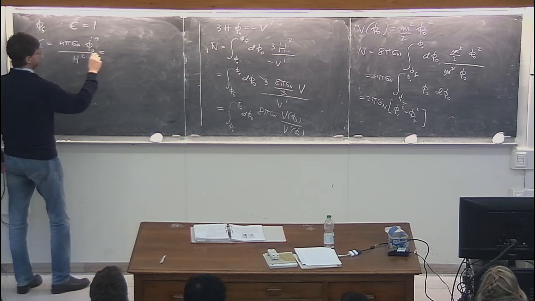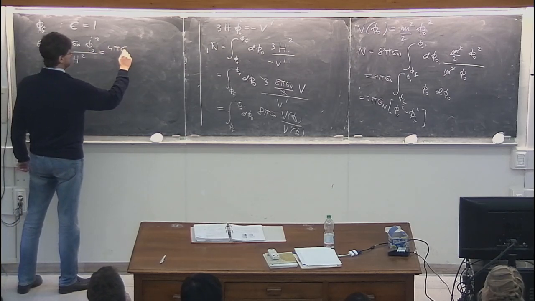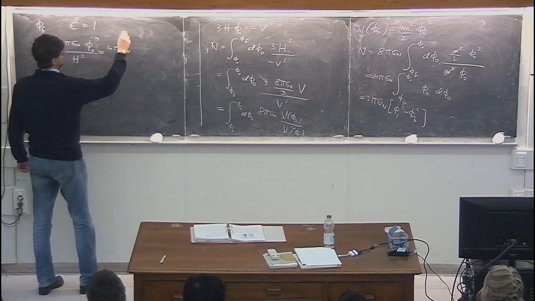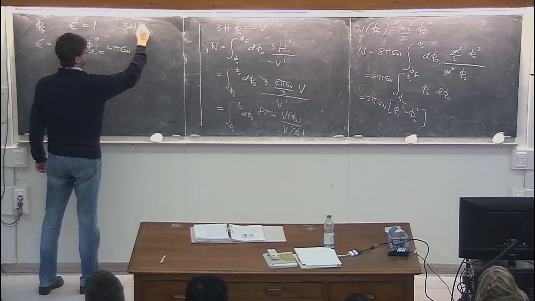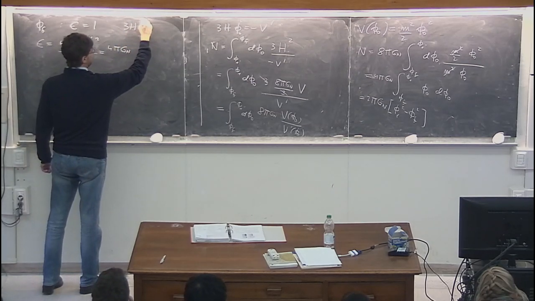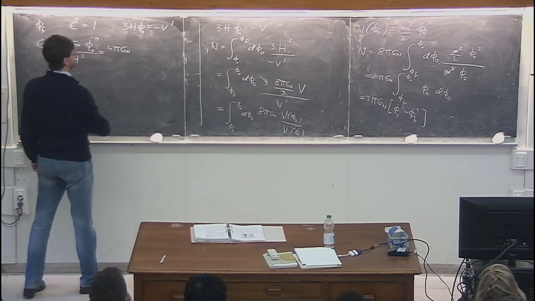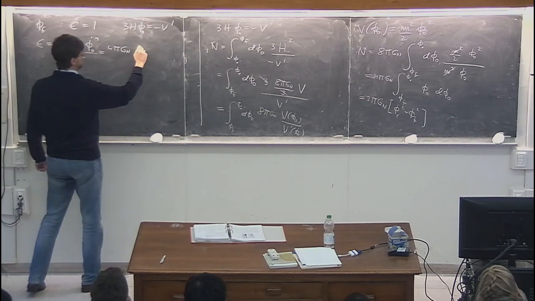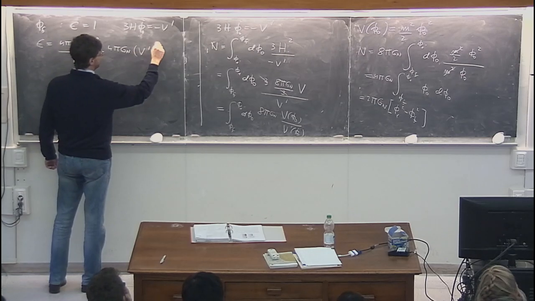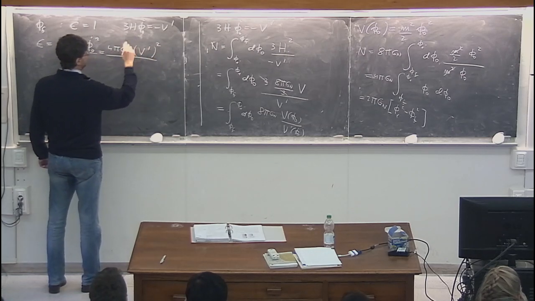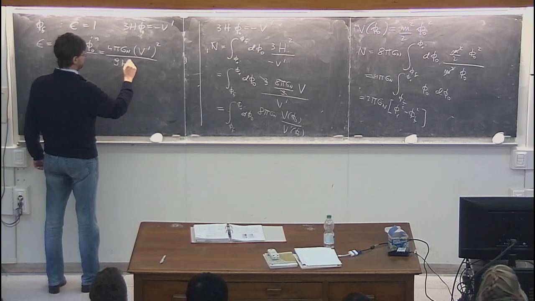Okay, so from here I rewrite as 4 pi G Newton. Phi dot, I again use the following expression. Phi dot times 3h is equal to minus V prime. So I replace it here, so I get V prime squared divided by 9h squared.